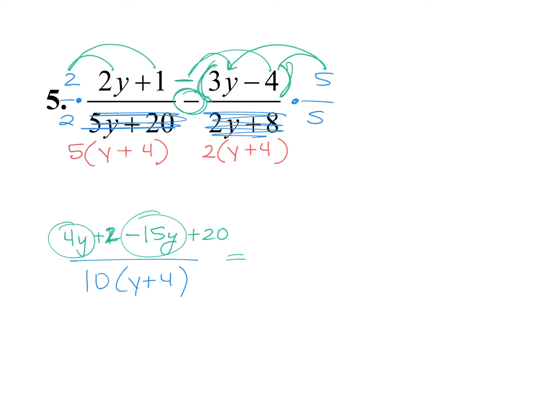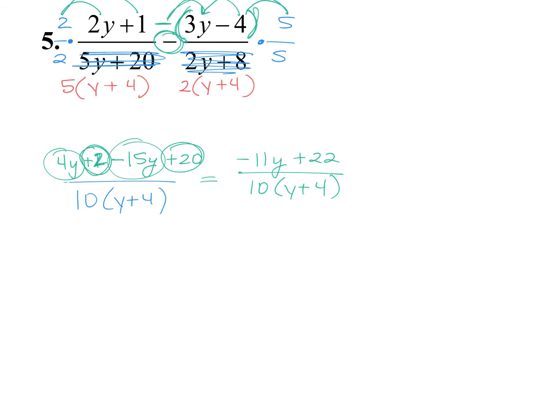4y minus 15y, that's a -11y. 2 plus 20 is plus 22 over 10 times y plus 4. Okay.